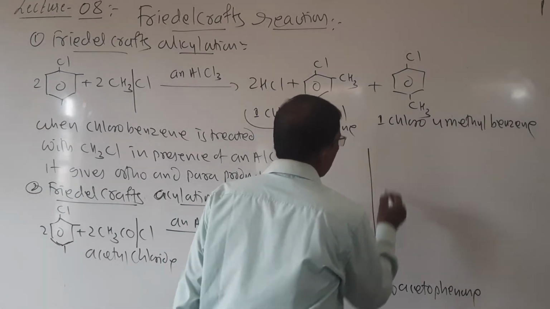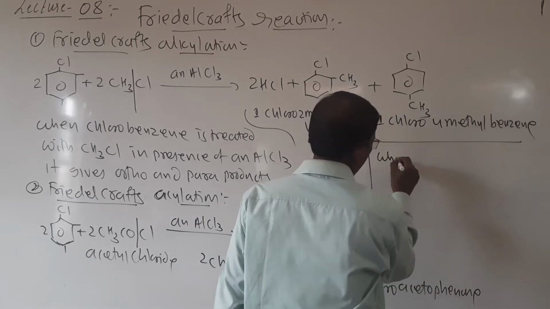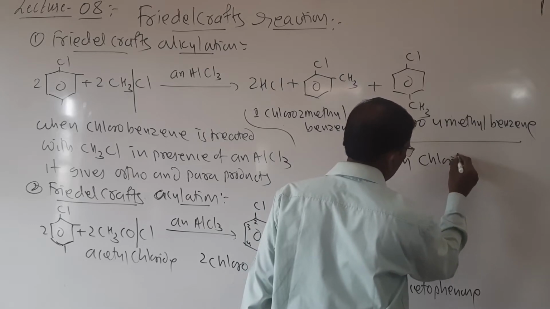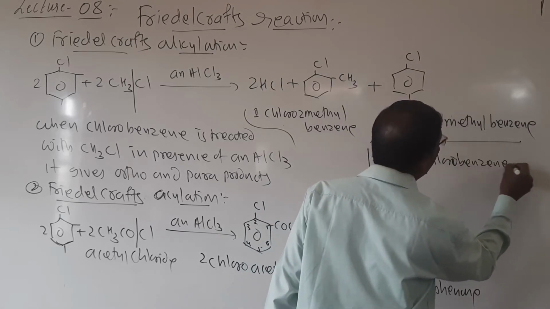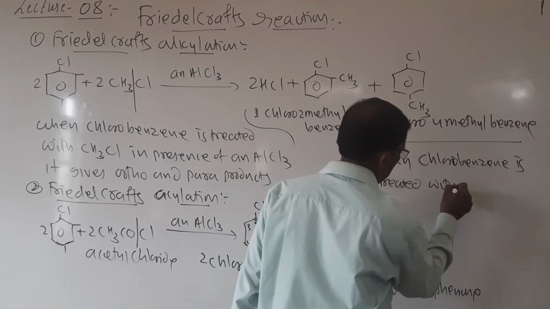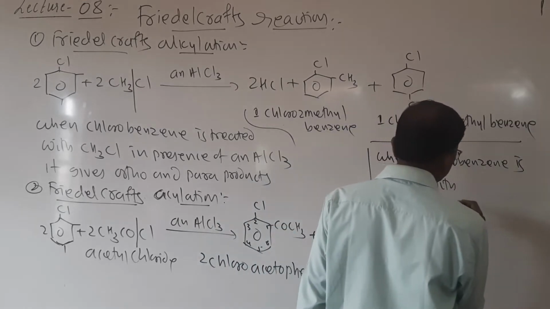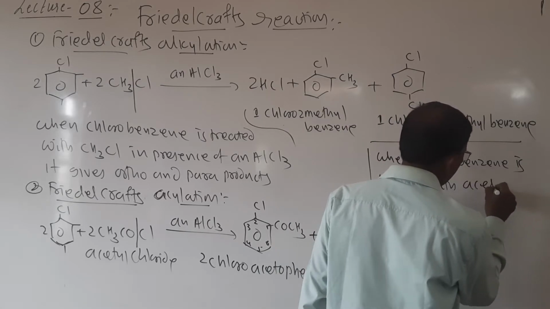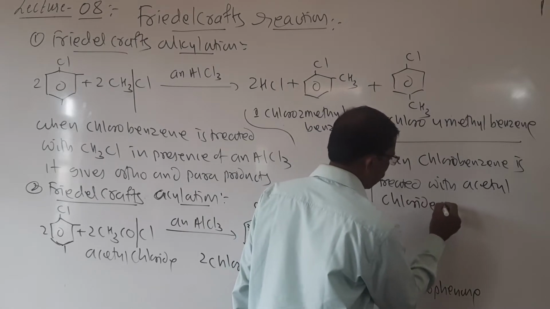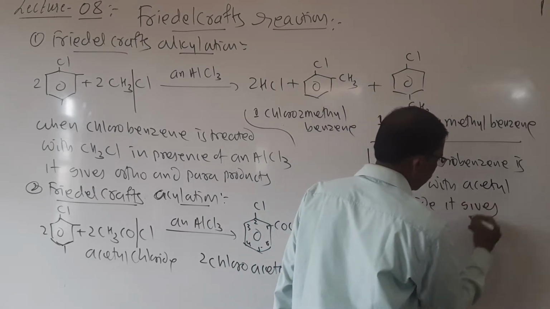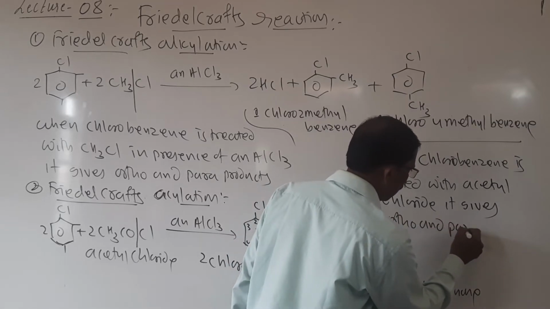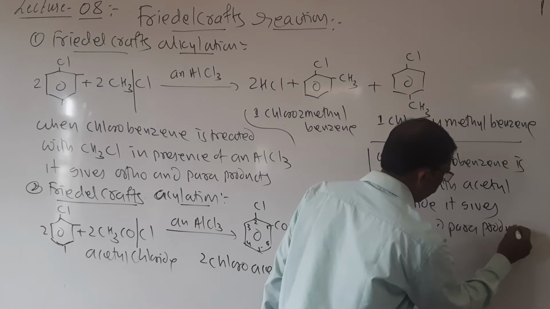So the statement is very simple. When chlorobenzene is treated with acyl chloride, it gives ortho and para products.